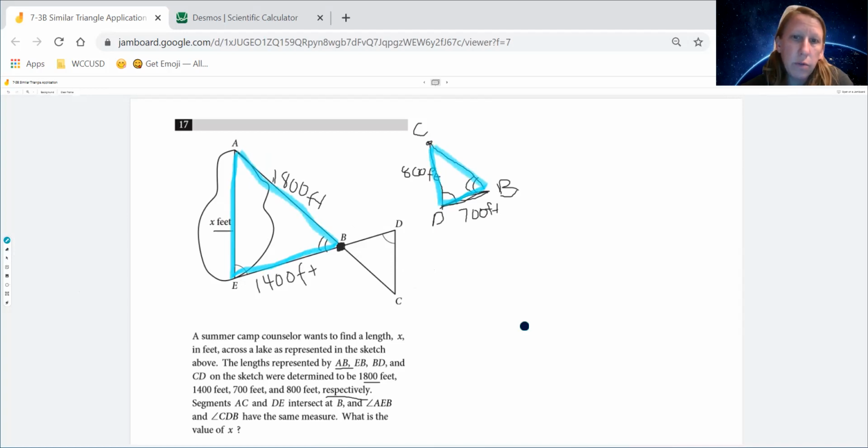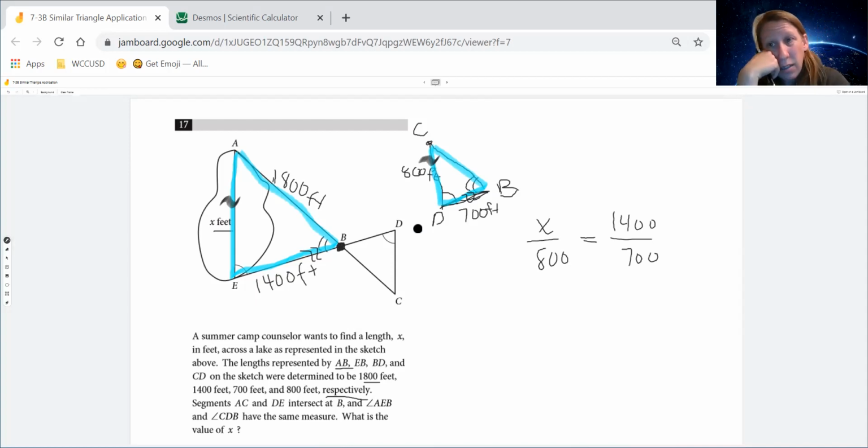And which parts do we have and which parts do we need? So for this one, we have x goes with 800, the same way that 1400 goes with 700. And then I can write my proportion. X goes with 800, the same way that 1400 goes with 700.